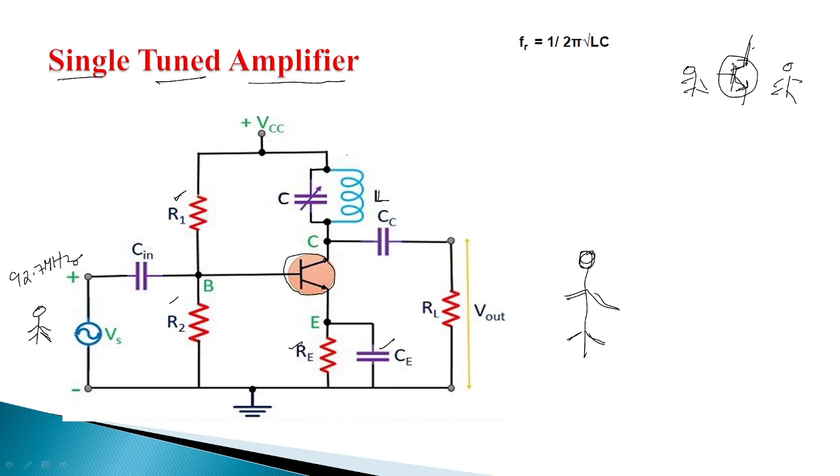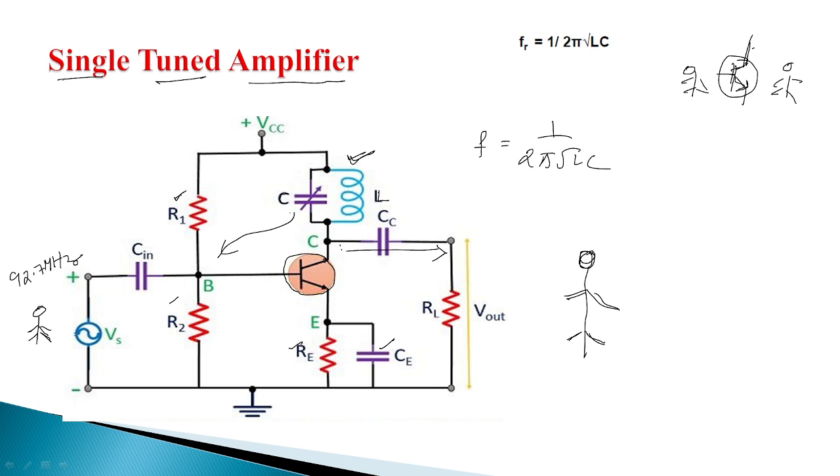So this tuned circuit, as I said, is the parallel tuned circuit. The frequency is 1 by 2 pi root LC. If this tuned circuit frequency is equal to this 92.7 megahertz frequency, then only it amplifies and transmits towards the output side.